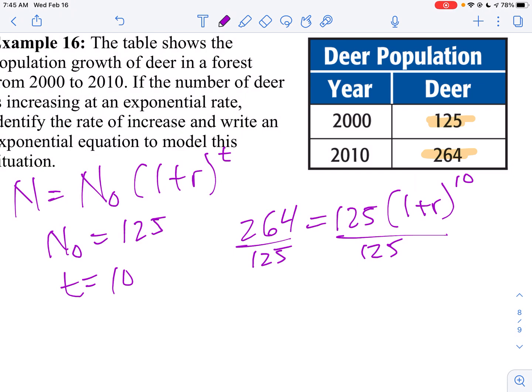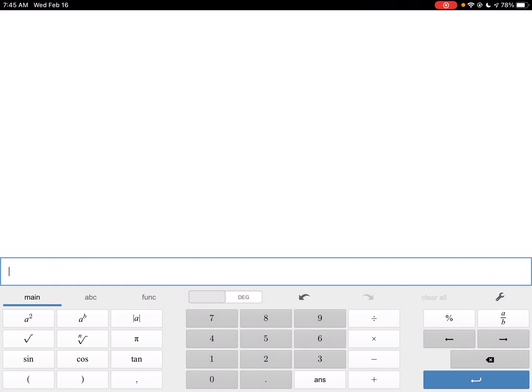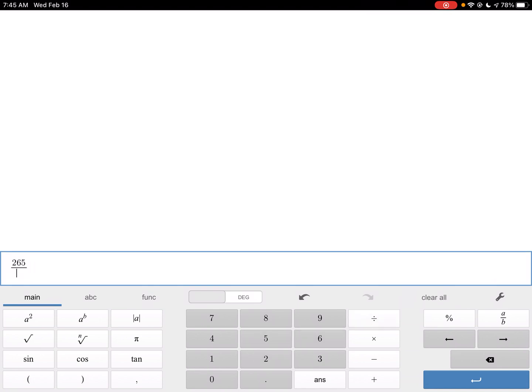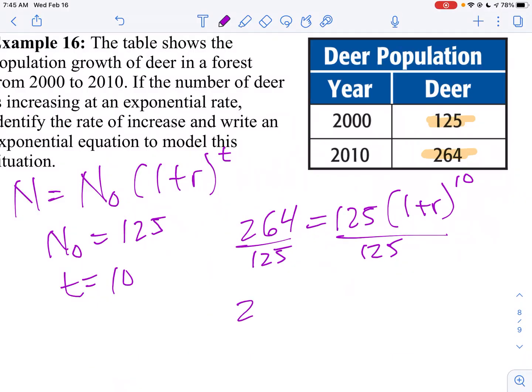I don't know if that works evenly, I might leave that as a fraction, but let's use our calculator. If I take 264 divided by 125, I get 2.12. I can live with that. So 2.12 equals (1 plus r) raised to the 10th power.